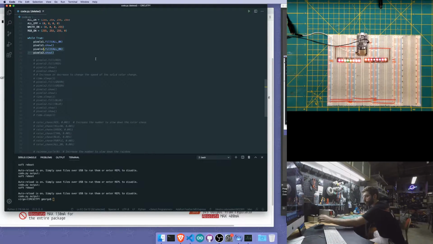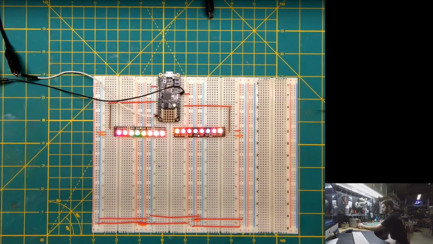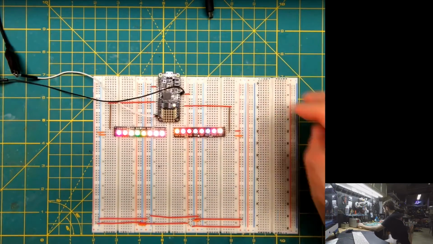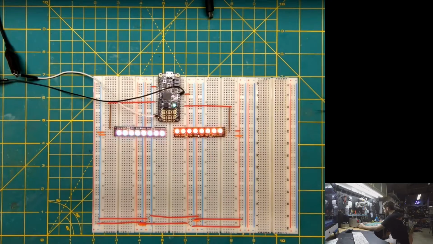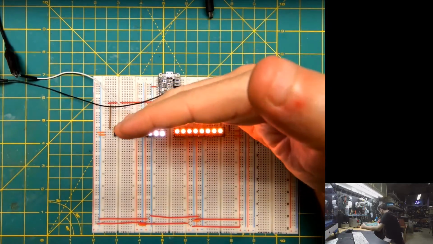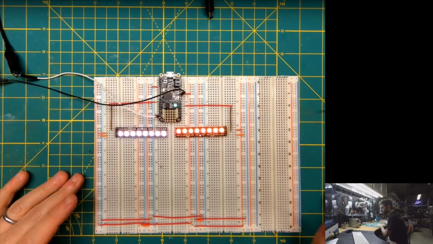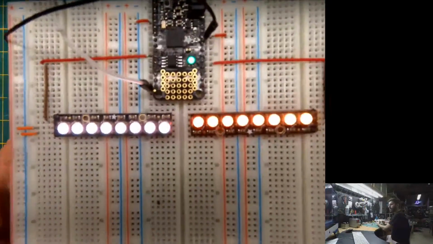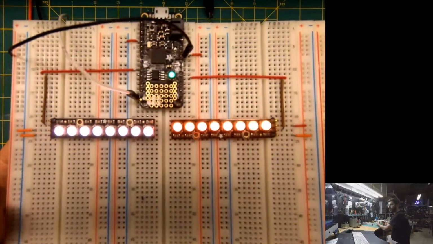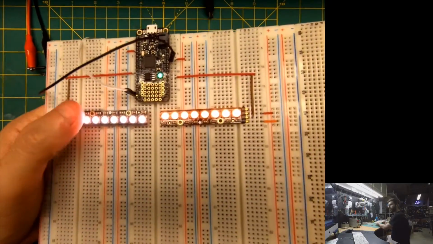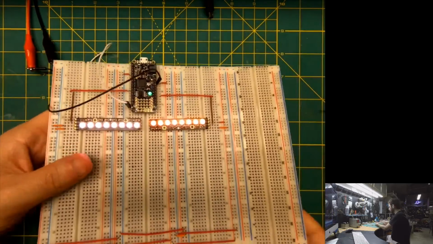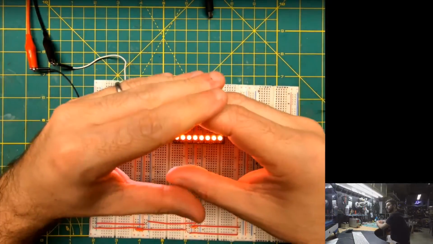So give it 5 volts. Yeah, so you can definitely see the difference between a cool white here and a warm white on the right side.